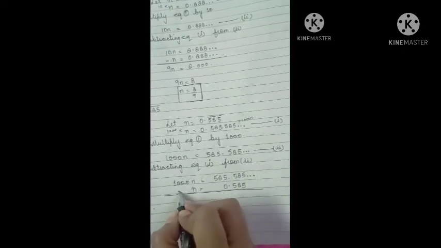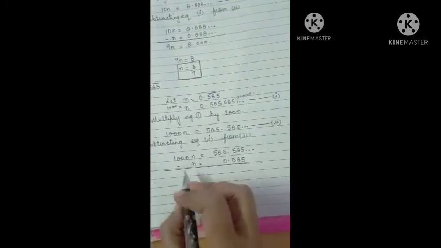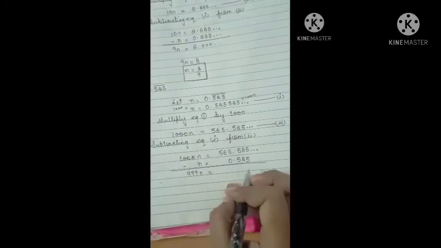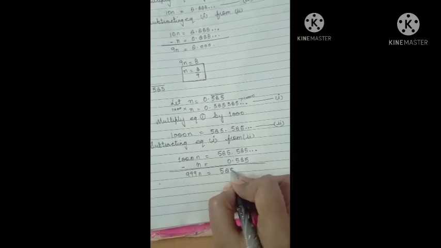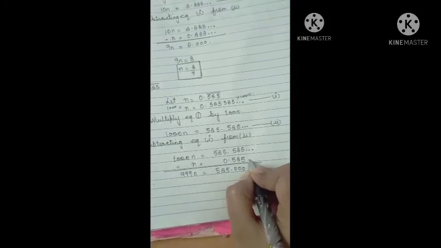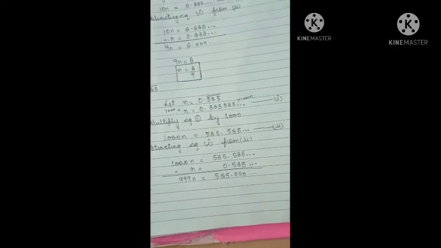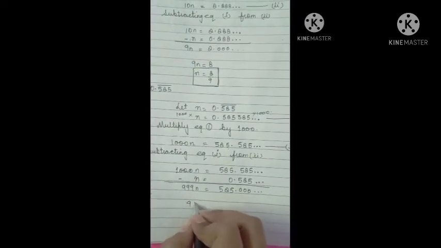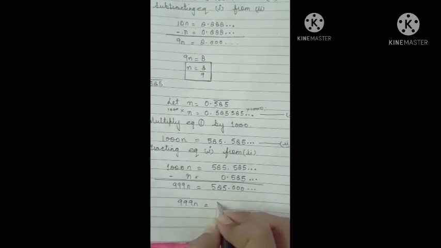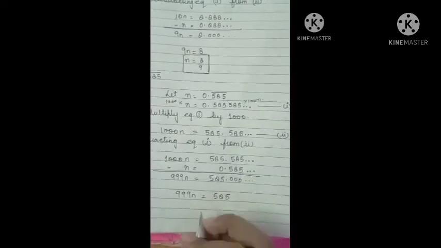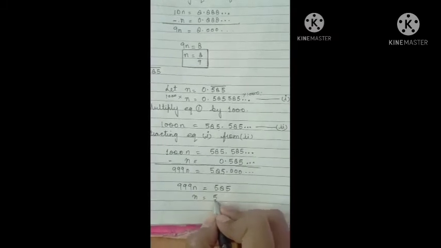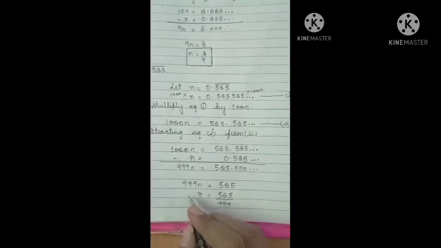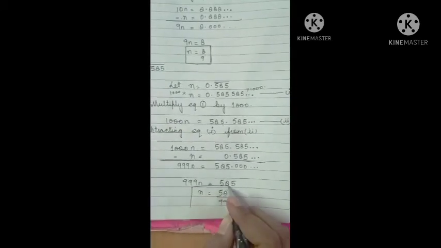So on subtracting here, you get 1000 minus 1, you get 999n is equal to 585.000. So what you get, 999n is equal to 585. So n is equal to 585 by 999. This is your fraction.